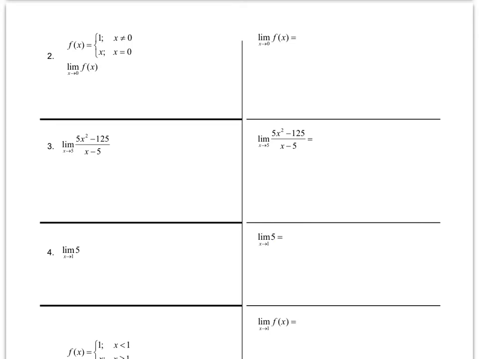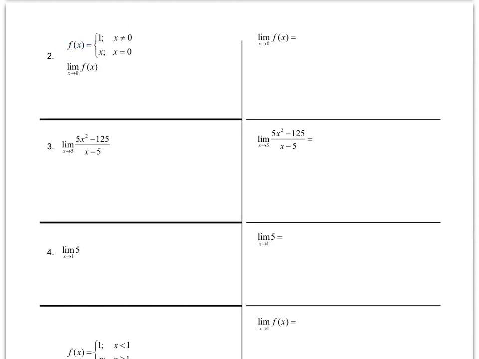When dealing with piecewise functions, it's a little bit different. If you remember in the last video segment, I said it doesn't matter what happens at that x value. It matters what happens as you are approaching it. And I asked you to pay special attention to what value x is approaching. In problem number 2, we've got a piecewise function that follows f of x equals 1 as long as x does not equal 0.